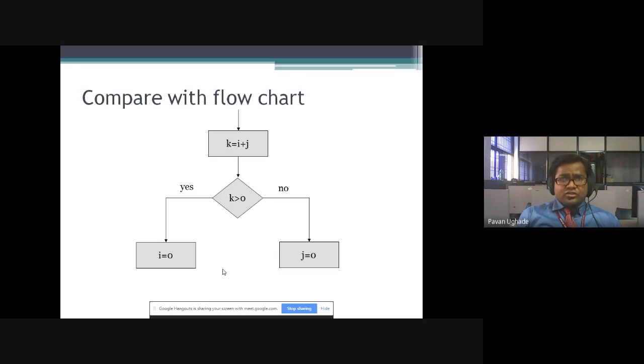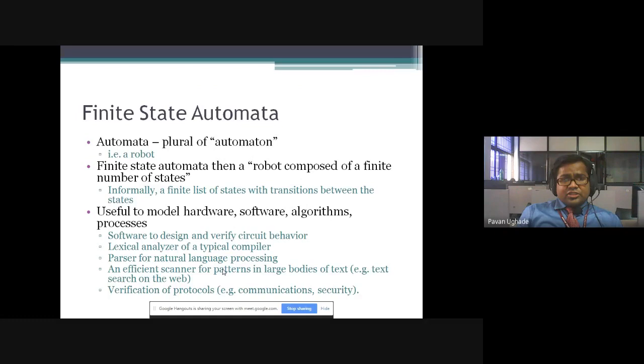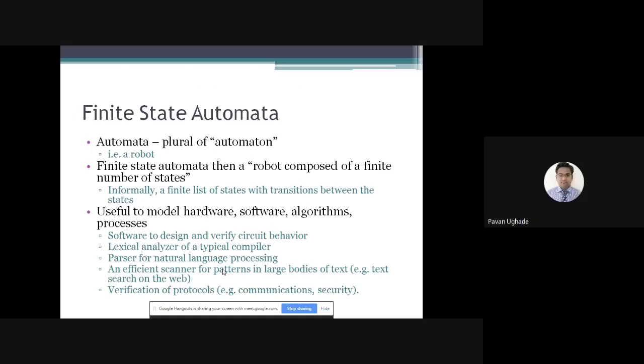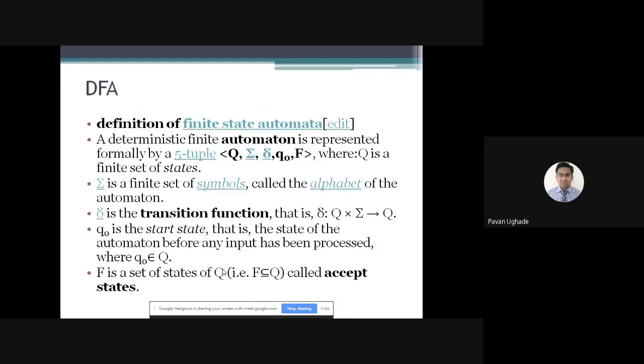In the first couple of slides I mentioned, what is a program? It is nothing but an algorithm plus FSM. You require this logic. That is the theoretical concept. Before implementing any program, you should have knowledge about this. We have already said how a finite state machine is going to be used.